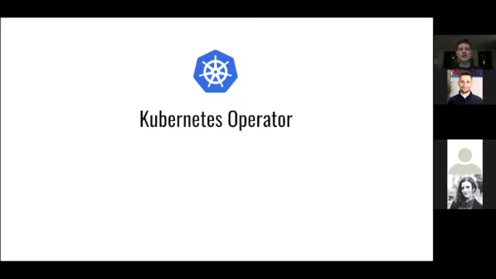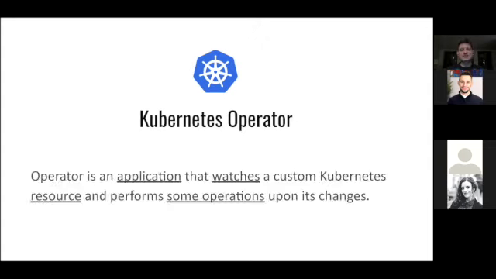Let's start with what the operator is. A Kubernetes operator is an application that watches a custom Kubernetes resource and performs some operations upon its changes. This definition is very generic, as you see, because the operators themselves are generic.